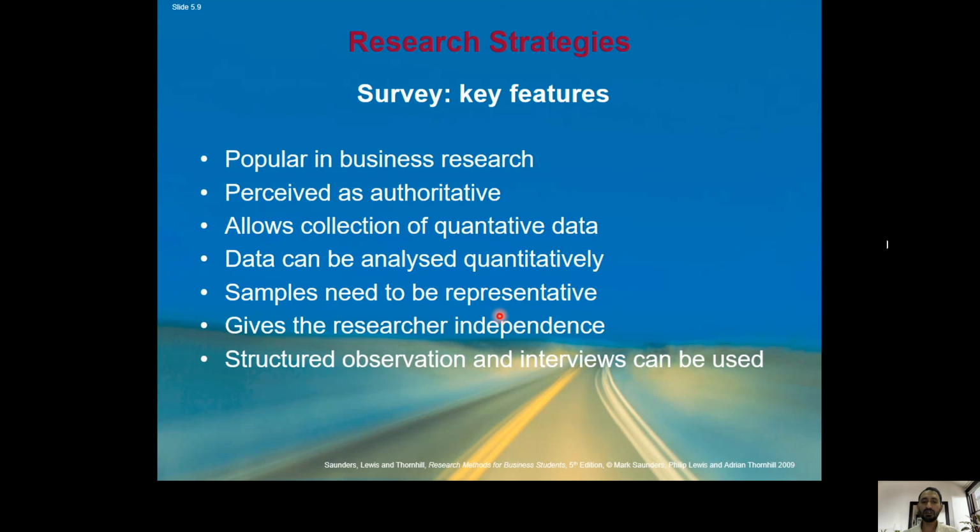Now, there are some problems associated with survey research. As I said, it is one of the most used research data collection forms. However, there are a number of problems, and one of the problems is that data collected through survey is prone to a number of errors and biases.